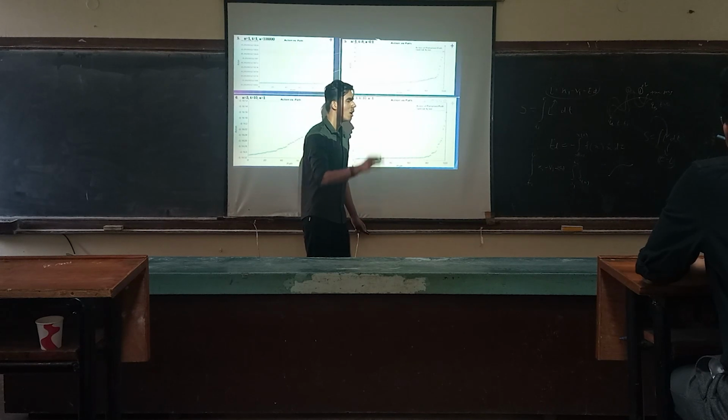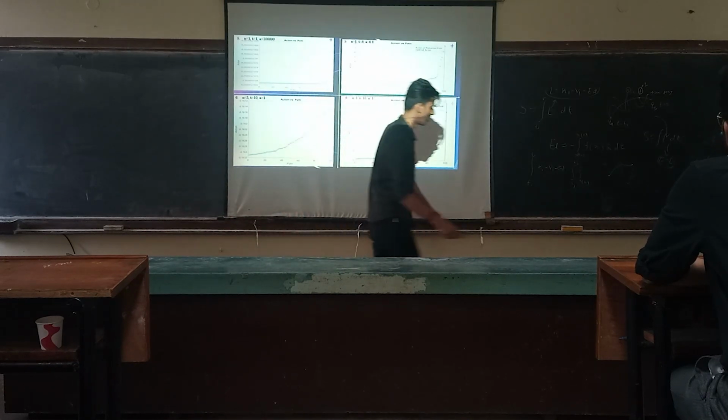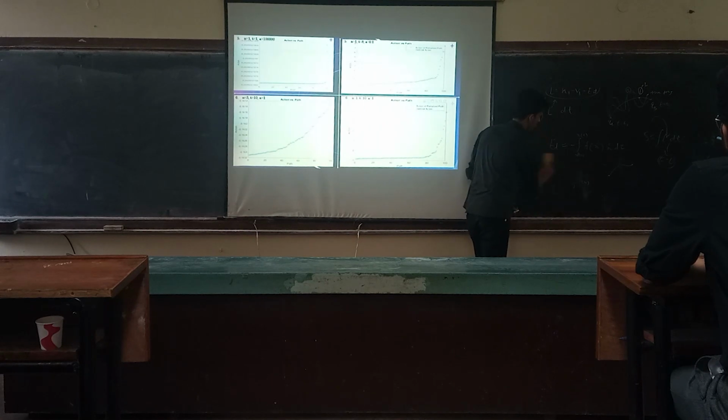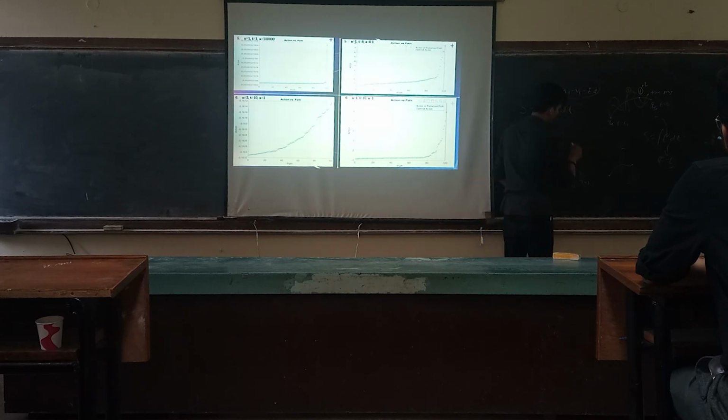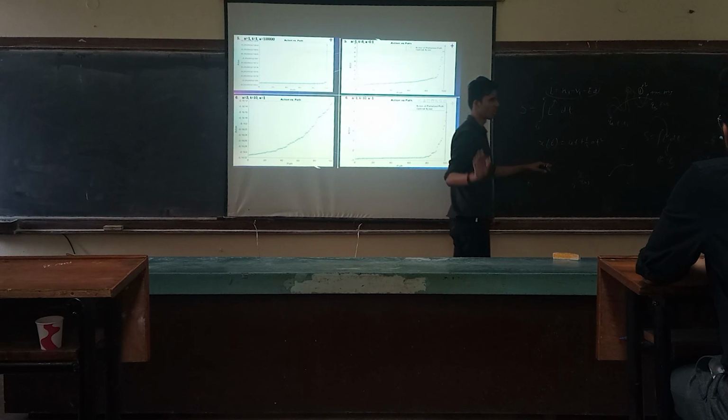Okay, let me explain. Let's suppose you get an equation of the true path, ut plus something. Let's suppose it's a parabolic path. This is the true path that can be obtained by using the equation of motion or the Euler-Lagrange equation.